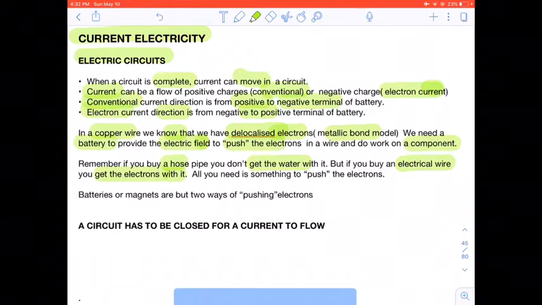Right. So all you need is something to push the electrons. And the apparatus that can push the electrons could be batteries, or it could be magnets, or any other way in which electrons can be pushed.